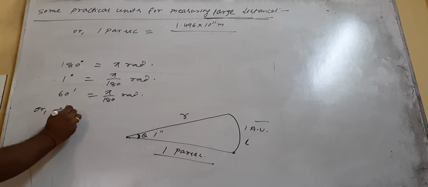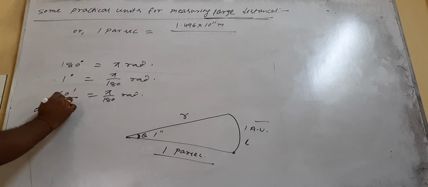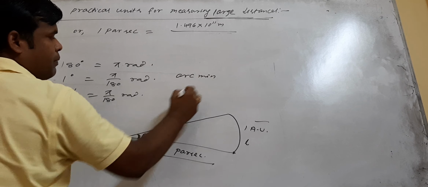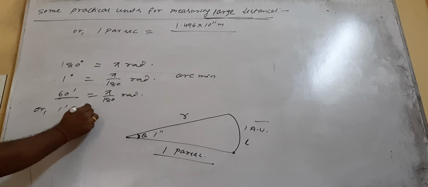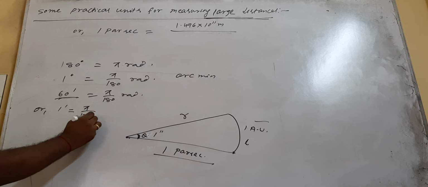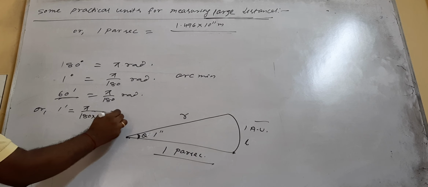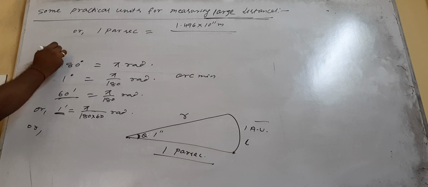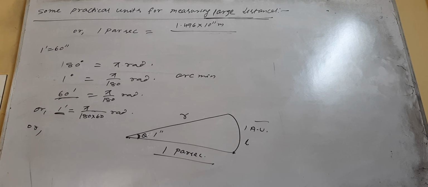That means 1 arc minute is pi by 180 into 60 radian, and 1 minute is 60 second. 1 arc minute is 60 arc second.